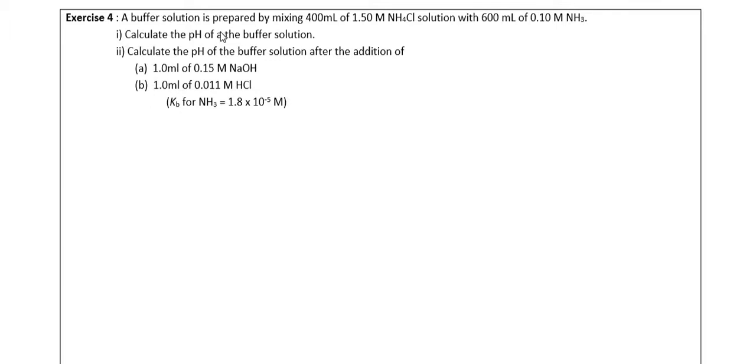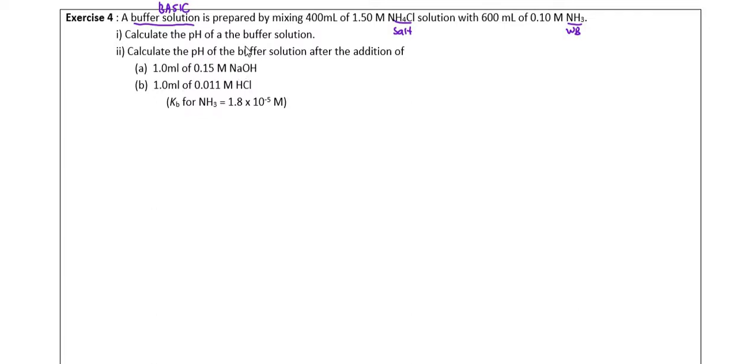Okay, no need to analyze whether this is a buffer or not, because it is already stated for you that this is a buffer solution. This is your salt, this is your weak base. Since it is mixed with weak base, this buffer is a basic buffer. So the Henderson-Hasselbalch that you must use is pOH.